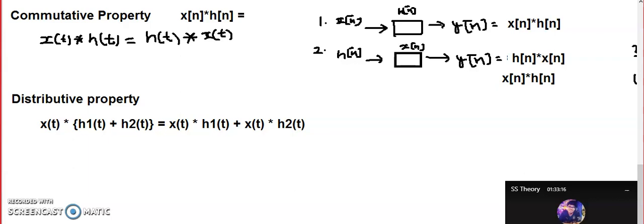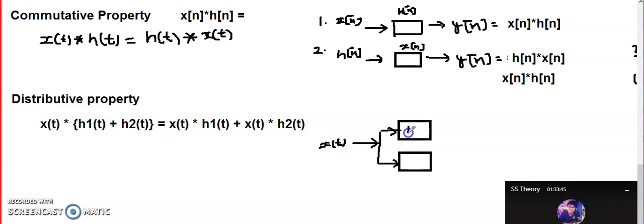It means that अगर हमारे पास दो LTI सिस्टम है, सपोज, और दोनों में इनपुट इज सेम, like this. This is the input x(t).